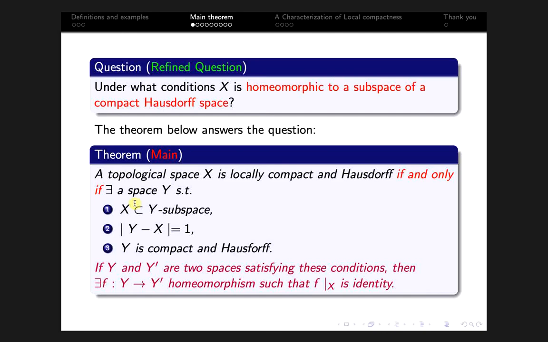It says that a topological space X is locally compact and Hausdorff if and only if there exists a topological space Y such that X is a subspace of Y. The complement of X in Y is a singleton set, that is, the number of elements in Y minus X is equal to 1. And the third condition is Y is compact and Hausdorff.